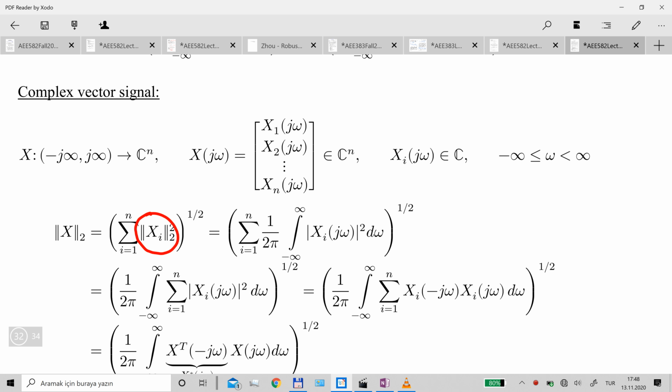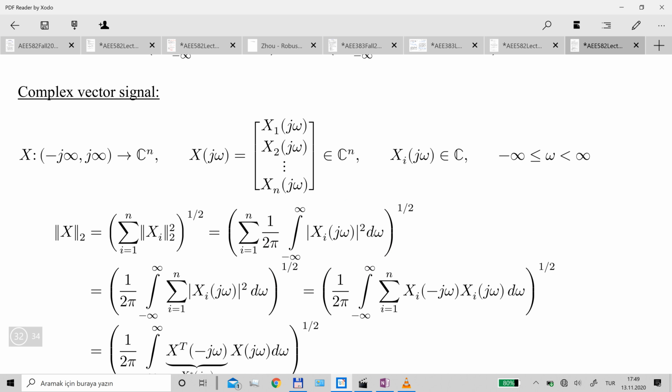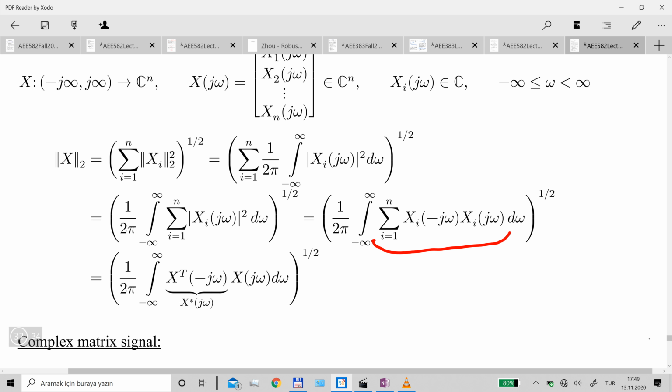You insert the complex scalar signal norm for the individual elements, then switch the places of the summation and the integration, which leaves you with this summation inside, which can be replaced by this product.